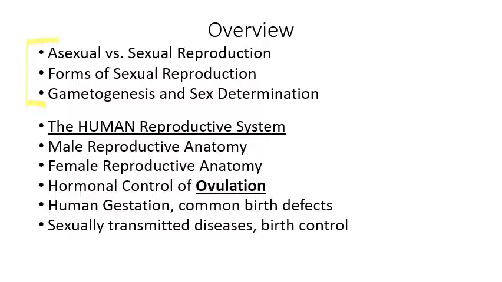Sexual reproduction is a relatively new development on the evolutionary scale. It was only developed about 300 million or 400 million years ago. We believe that the Earth is about 4.5 billion years old, and there was basically no life on Earth for the first billion.